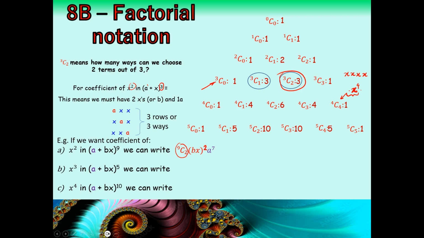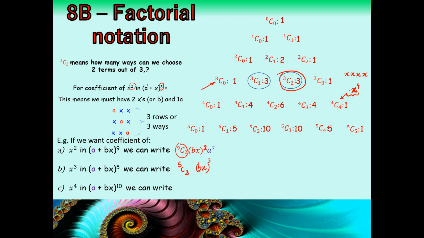So in the next term here, it's a plus bx all raised to the power of 5, and we're looking for the x cubed term. So if x is cubed, b is also cubed. You write that like so. Then you think to yourself the coefficient has to be 5 choose 3 or 5 choose 2.